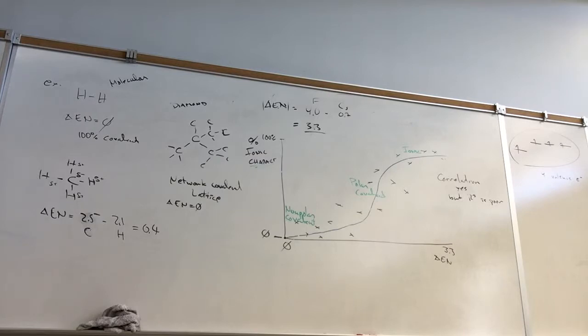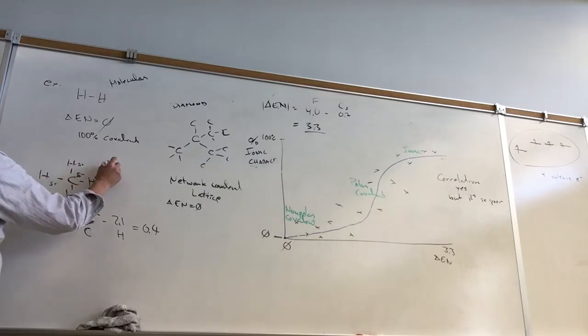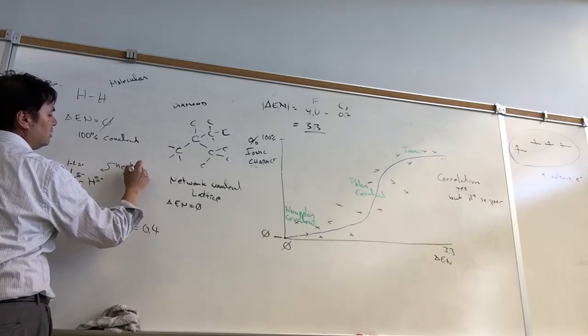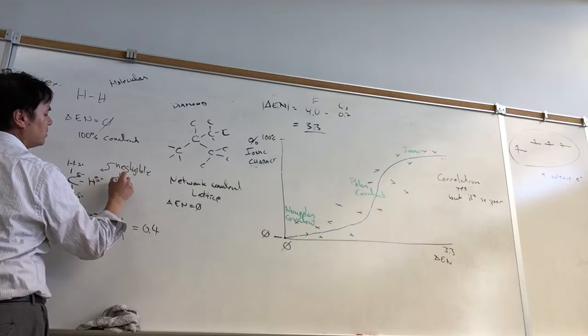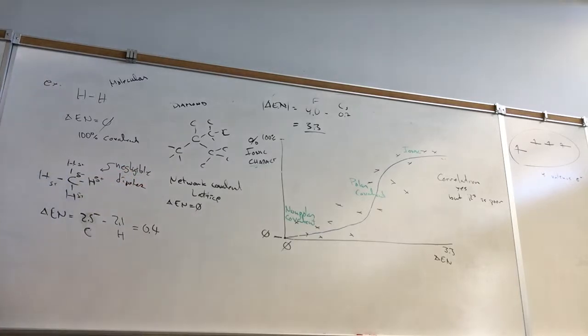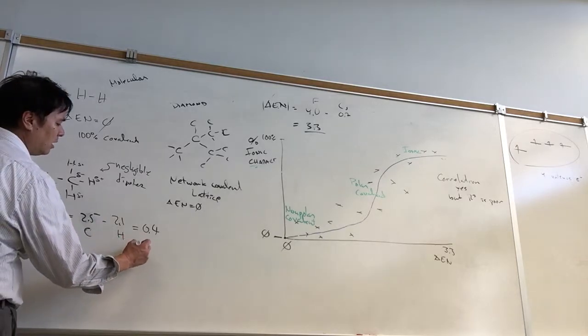There's two poles, a positive pole and a negative pole on each of these bonds. But these are negligible. In other words, they're negligible dipoles, or we say negligible polarity. And so since it's negligible polarity, it's essentially non-polar.